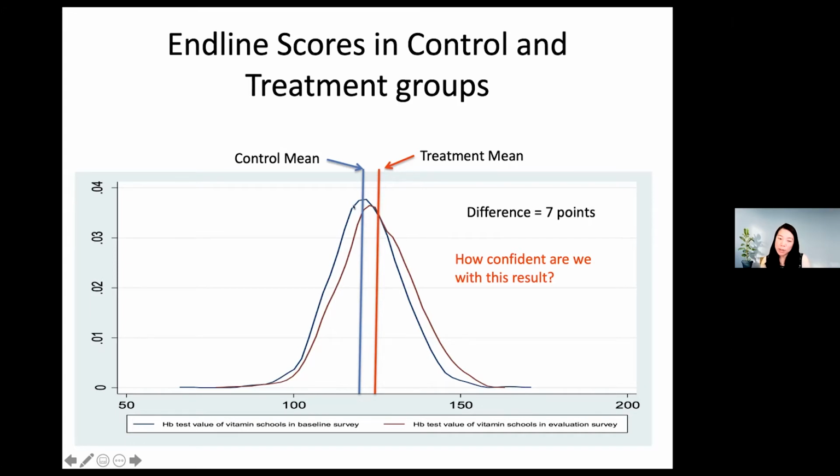From the distribution graph here, we can see that the treatment group has a higher average by 7 points. So there is a slight difference between the two groups. But the question is, how confident are we with this result? In other words, is this significant?